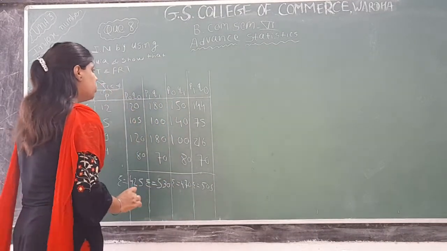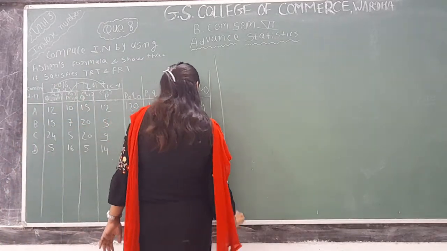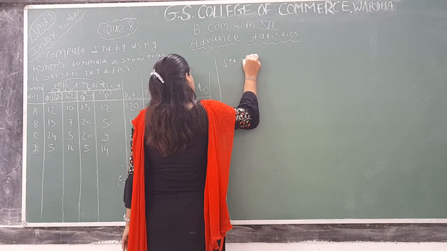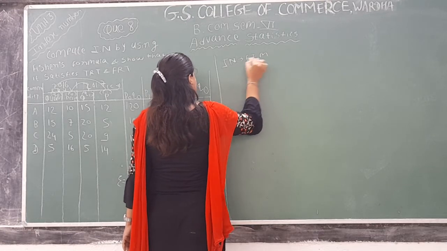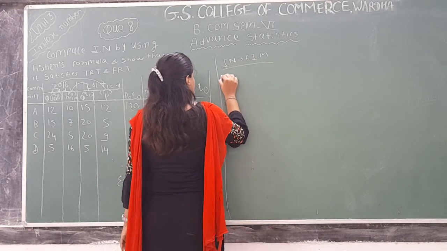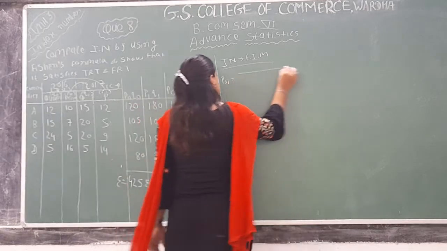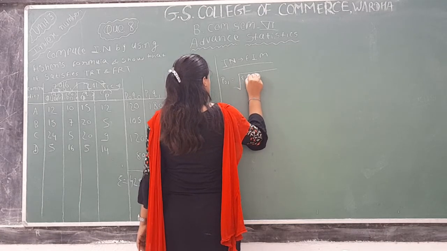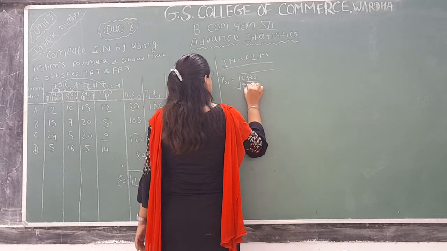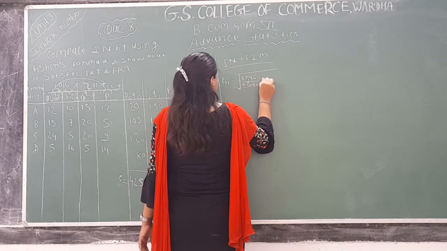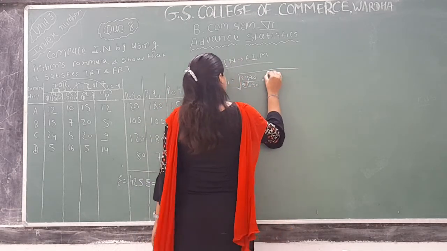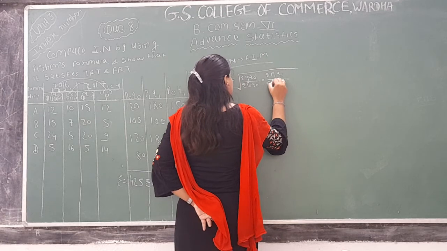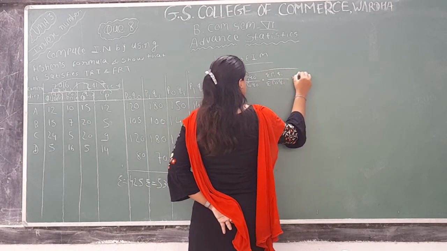Now what do we have to do? First of all, we have to compute the index number by using Fisher's ideal index number method. What is the formula? P01 is equal to the square root of ΣP1Q0 upon ΣP0Q0 into ΣP1Q1 upon ΣP0Q1, into 100.